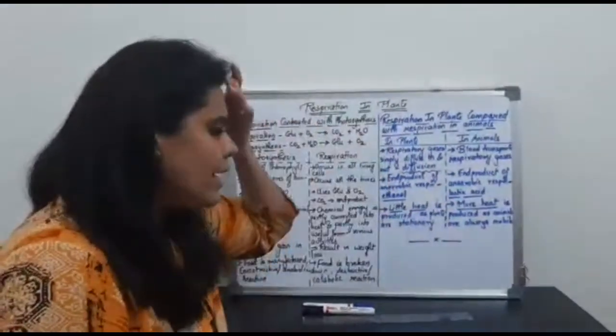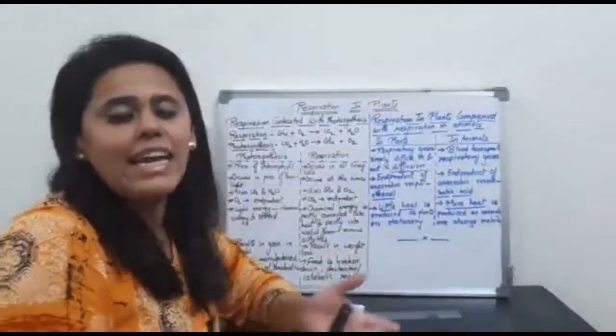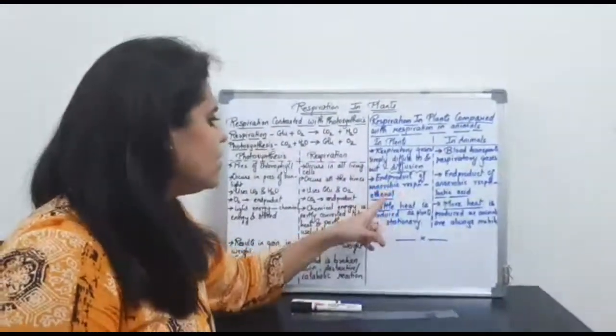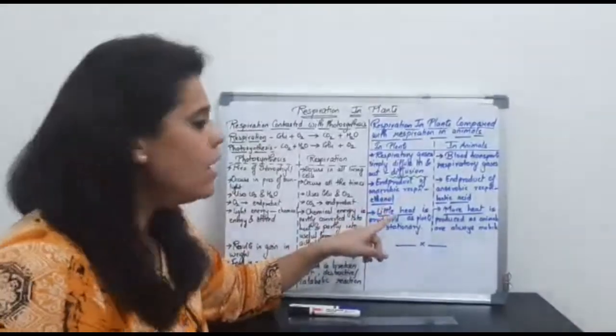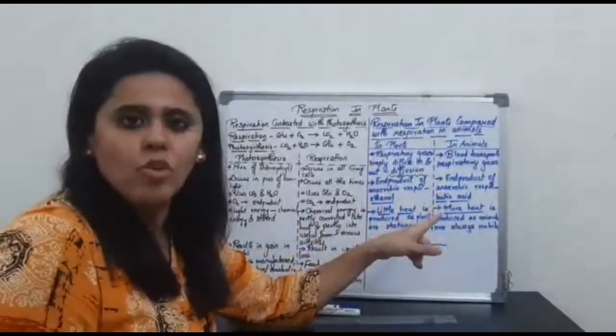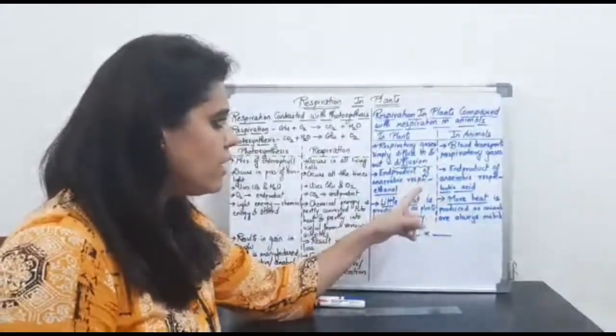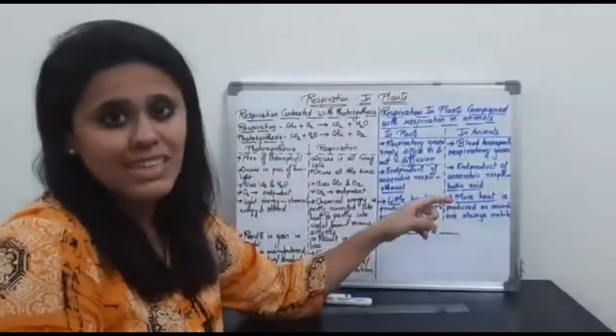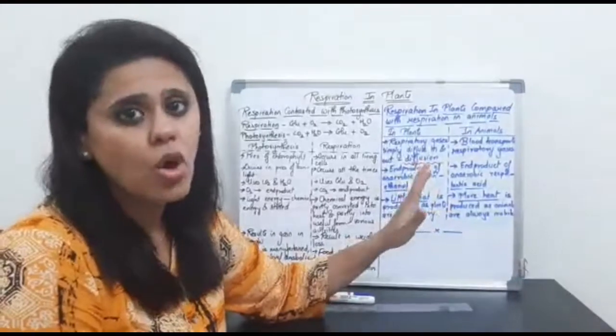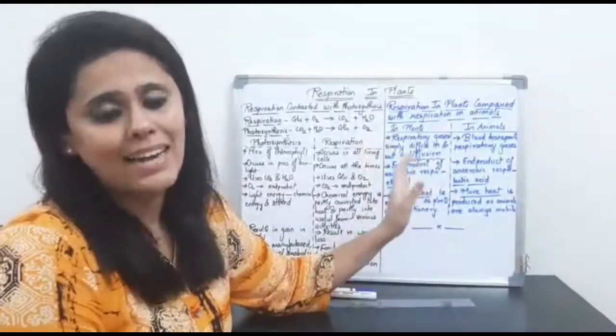In the plant body, the end product of anaerobic respiration is ethanol. Okay? In the animal body, as already explained in the past slides, the end product of anaerobic respiration is lactic acid. It is not ethanol, but lactic acid.